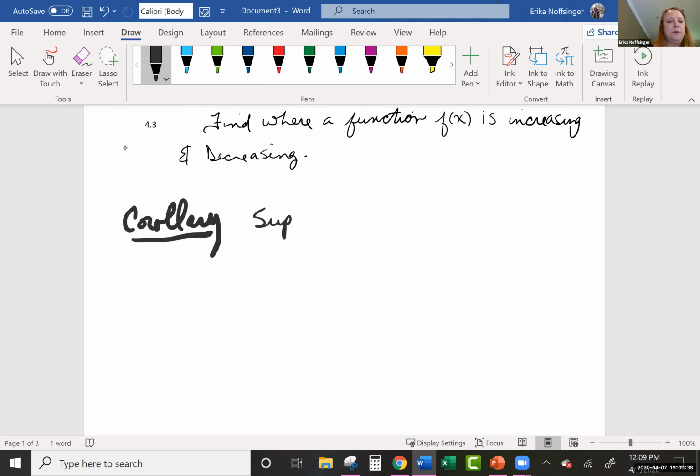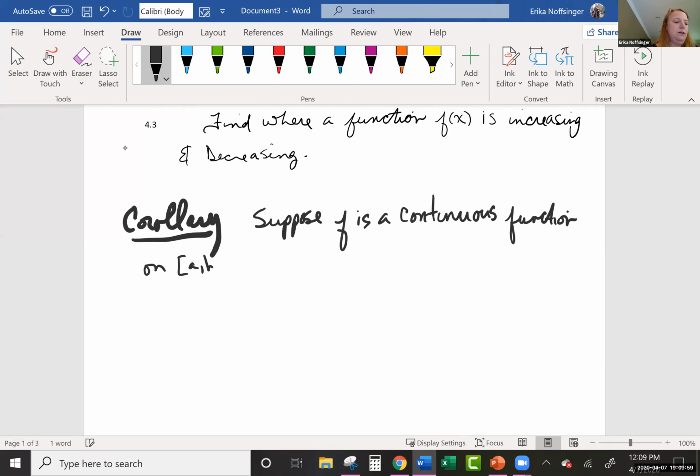So we're going to suppose that f is a continuous function on some interval AB, and it's differentiable everywhere inside that interval AB.